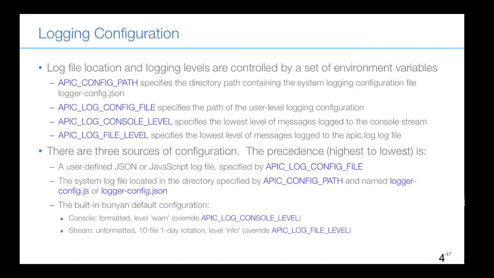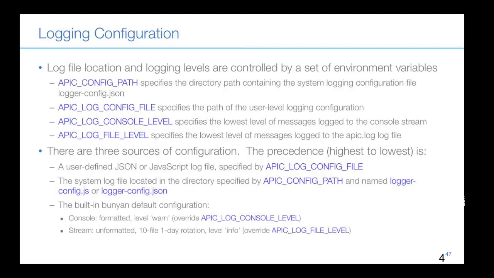Logging is controlled by a number of environment variables on the micro gateway. The first one, APIC_CONFIG_PATH, is a more general environment variable that specifies where the logging configuration file itself is. Then there's APIC_LOG_CONFIG_FILE, which specifies a location. Besides the default log, you can also have a user-defined log.